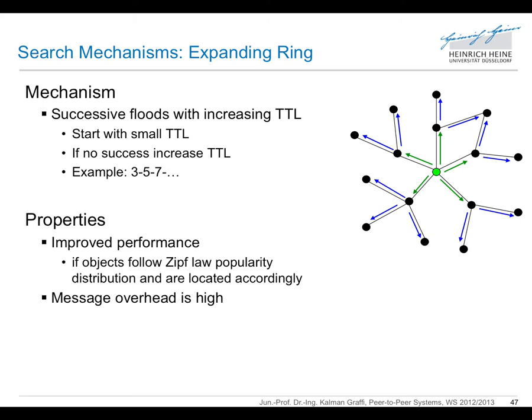So a hop count of 3 will be good for most of the queries. Only if you look for something unpopular, which happens rarely, you will generate more cost by going to hop count 7. So basically on popularity, both of the request and what is provided, this approach makes sense.